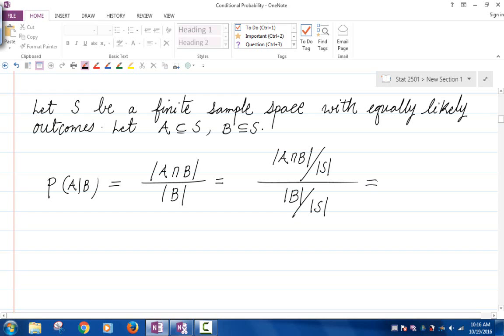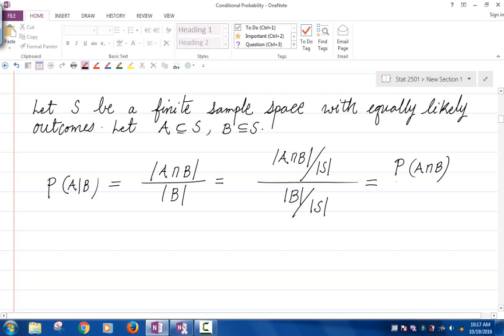Okay, now, can someone tell me what's the numerator? The numerator is the number of elements of A intersect B divided by the number of elements of the sample space, right? So that's the unconditional, or the overall probability of what? The numerator is simply the probability of A intersect B, relative to the sample space.